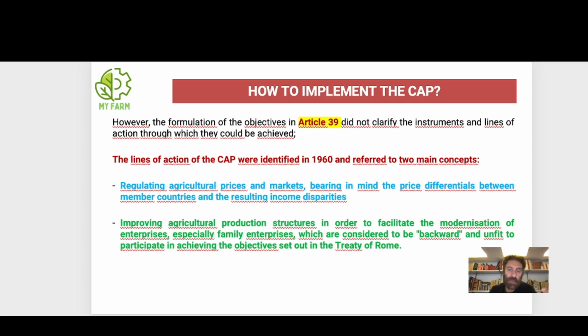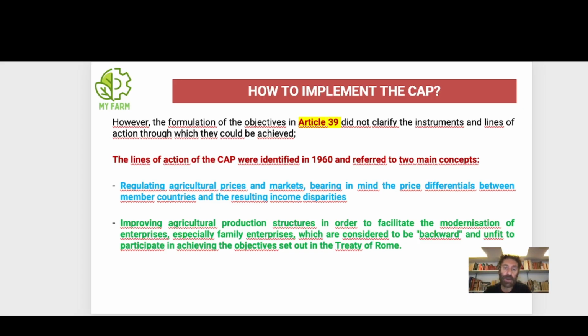The mechanisms that were set up and implemented to pursue the 3 main principles were market intervention and price support. The core mechanism involved providing farmers with guaranteed high prices for their produce, which was paid for through the community budget. If market prices fell, the European community would intervene to buy the surplus, ensuring income stability for farmers.